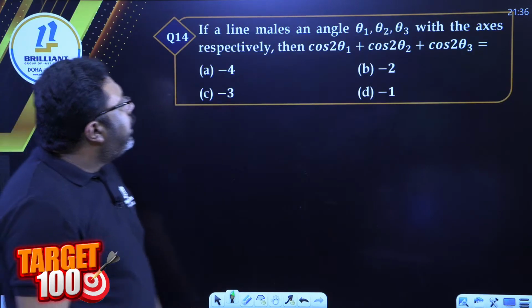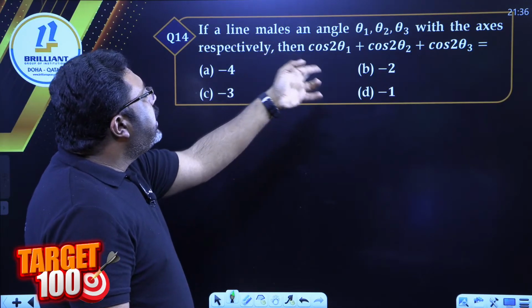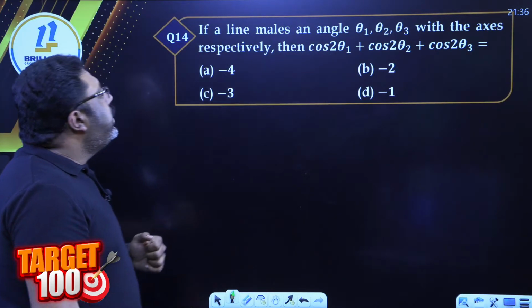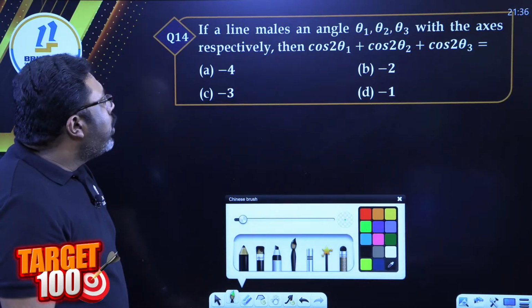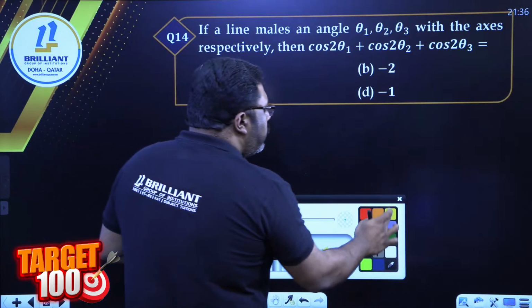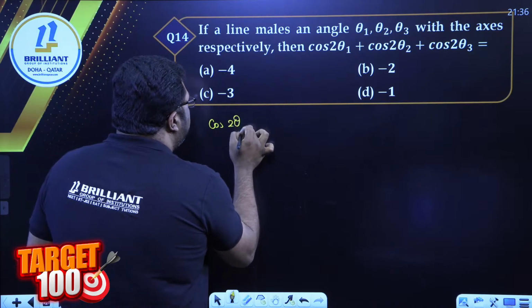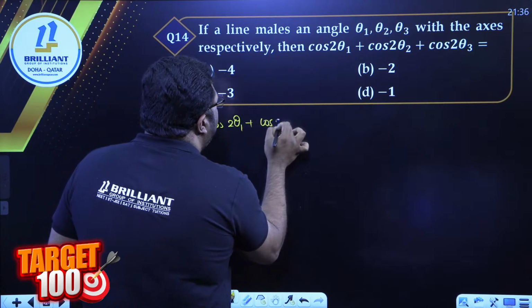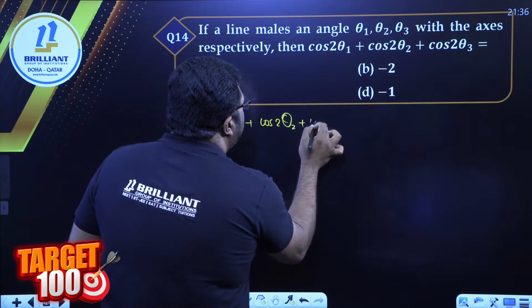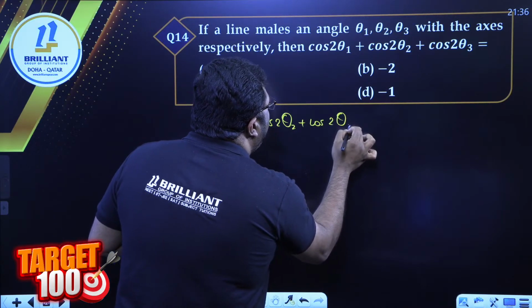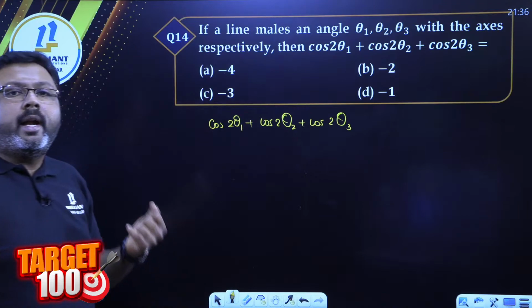Next question, number 14. If a line makes again angles theta 1, theta 2, theta 3 with the axes, what is cos 2 theta 1, cos 2 theta 2, cos 2 theta 3? And I said we have to change it to cos squared.